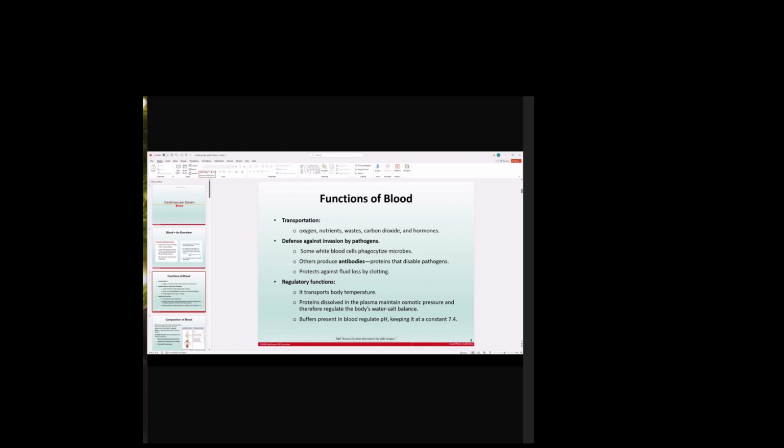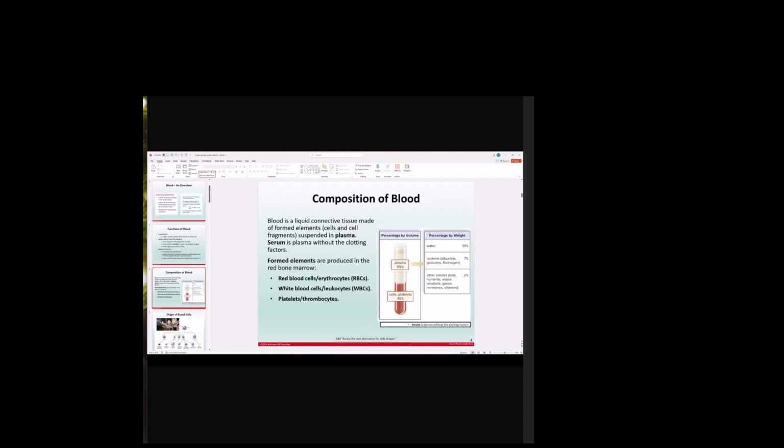The buffers are substances that make sure that if your blood is having things that make the pH more acidic, the pH doesn't get too low. It's like a buffer that balances things. It doesn't make it go too low, it doesn't make it go too high, trying to keep the pH of blood around 7.4 most of the time.